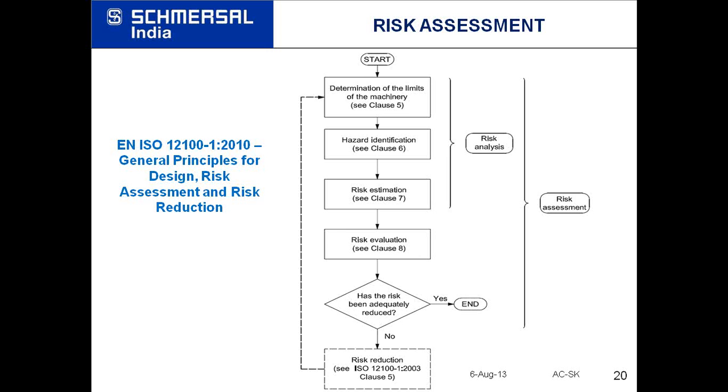But all the hazards may not be risks to the human being. A hazard becomes a risk only when a human being is exposed to that hazard. And this is where many people make mistakes. They want to do away with all the hazards of the machine, and this is practically not possible.